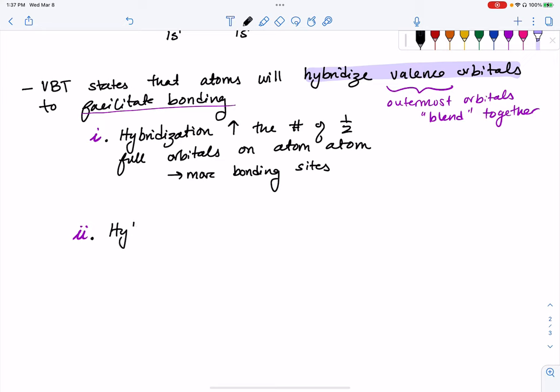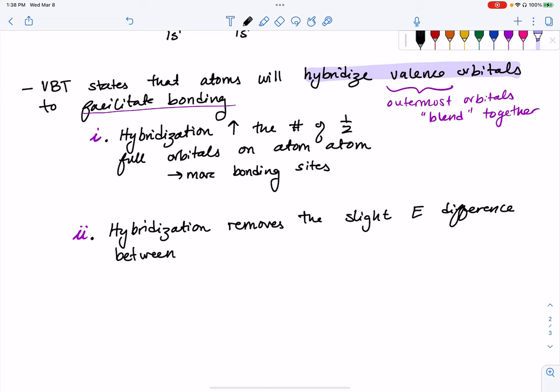So hybridization, let's not say results, let's say eliminates or removes the slight energy difference that is present between some valence s orbital and some valence p orbital.